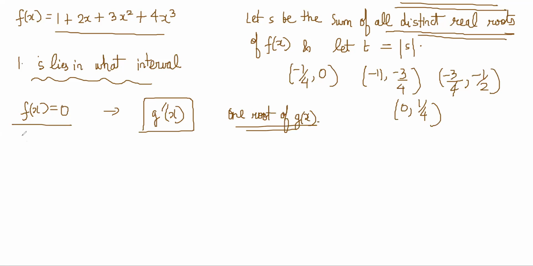Okay. So to find roots of this, I need a function which is the integration of this. Integration of this would be, let's call it g(x) is equal to x plus x square plus x cube plus x power 4. It could be plus constant also, but I don't care about the constant right now, because I don't want to make it difficult to find roots of this.